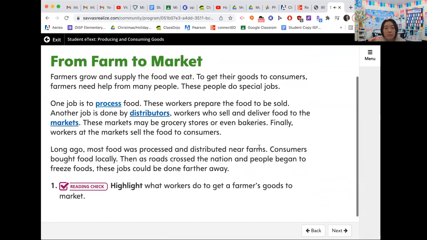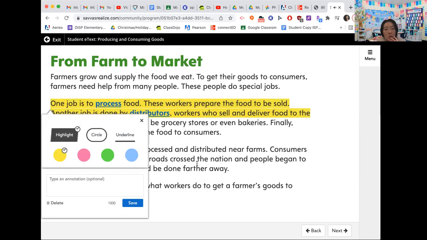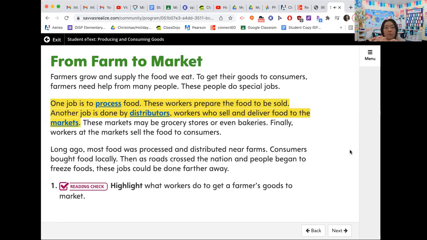From farm to market. Farmers grow and supply the food we eat. To get their goods to consumers, farmers need help from many people. These people do special jobs. One job is to process food. These workers prepare the food to be sold. Another job is done by distributors, workers who sell and deliver food to the markets.